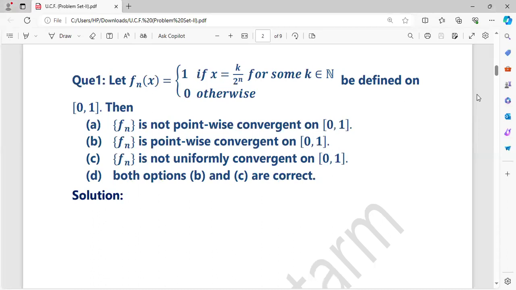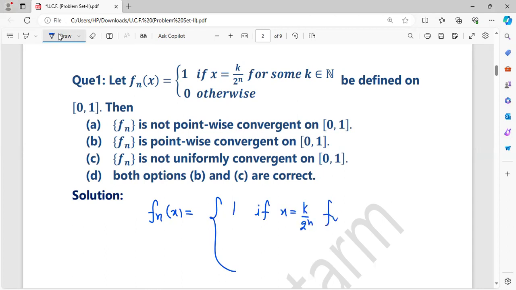Okay, so first of all, you see that f_n(x) is 1 if x is k by 2 to the power n for some k belongs to N, 0 otherwise.